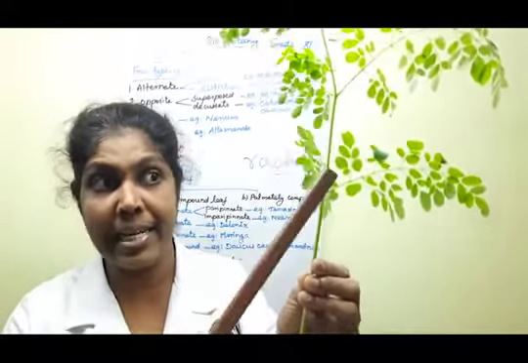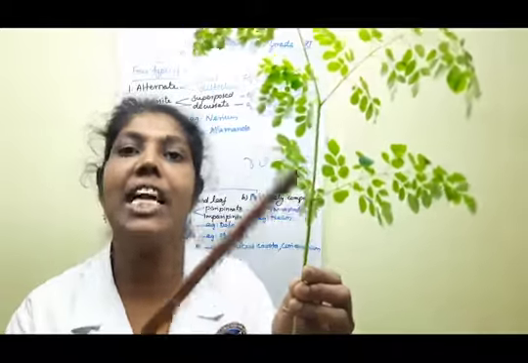Clear? Only on this tertiary rachis are the leaflets present. First the primary rachis, then the secondary rachis, then the tertiary rachis, and on the tertiary rachis the leaflets are present. That is known as tripinnate. Clear? First unipinnate, bipinnate, tripinnate. Are you clear on the concept?